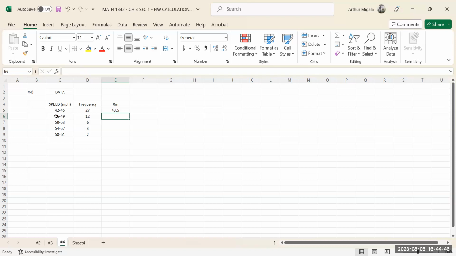Since from 42 to 46 and from 45 to 49 is 4 numbers apart, I know the next midpoint is going to be 43.5 plus 4. If I add 4 to each of these, like from 42 to 46, I added 4, then 4 more, then 4 more, I do the same thing with the midpoints. So I add 4 to all the previous numbers.